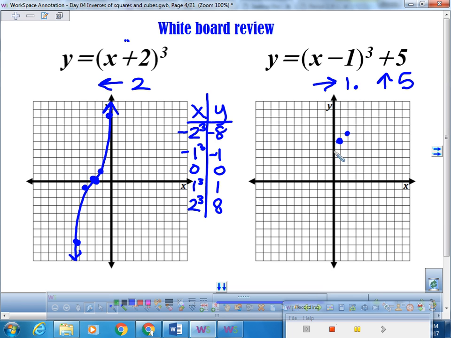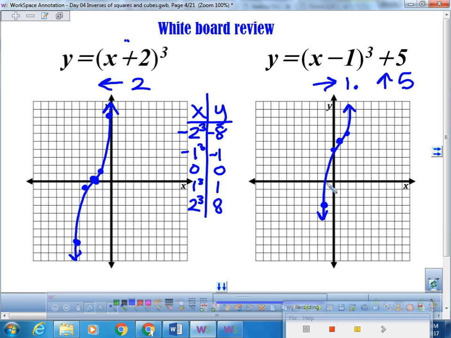Over 1, down 1, over 2, down 8. I went over 2, but it's off the graph. It's the same points over and over and over again.